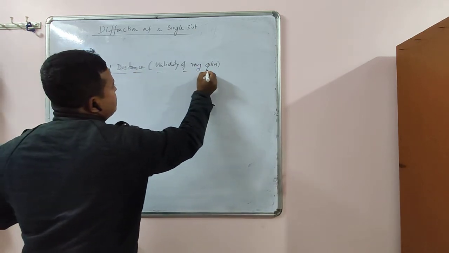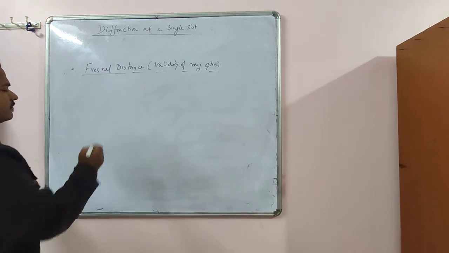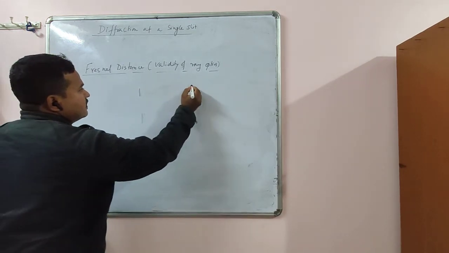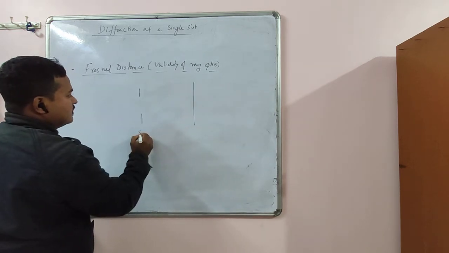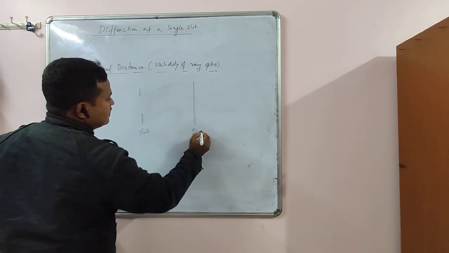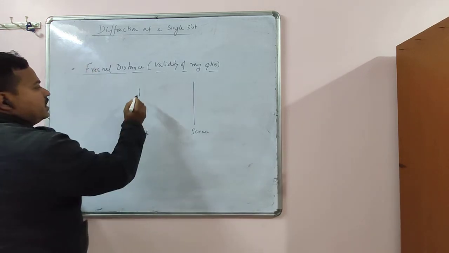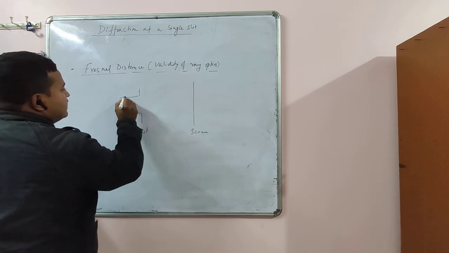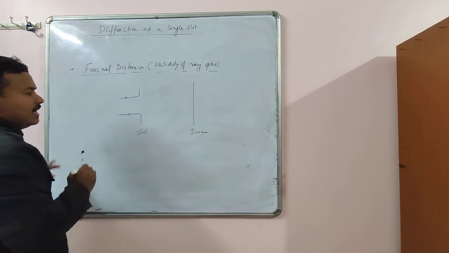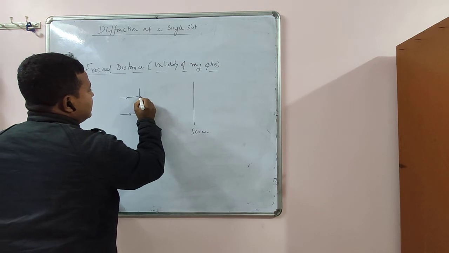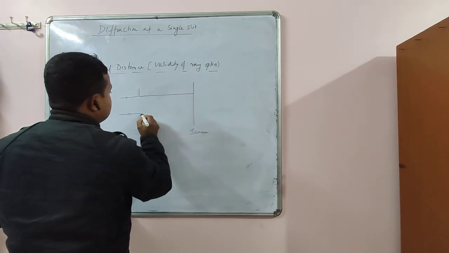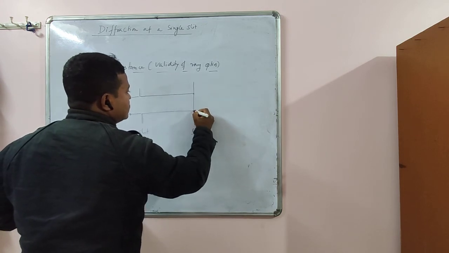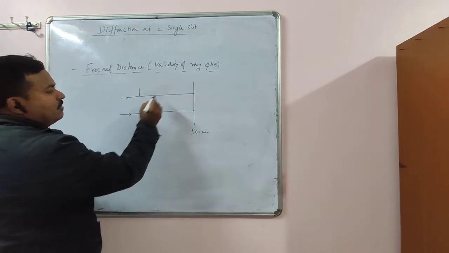So what does Fresnel distance mean? Suppose this is the slit and this is the screen. If we assume light travels in a straight line, that is ray optics, then the light will travel this way, and you will get light only in these sections.